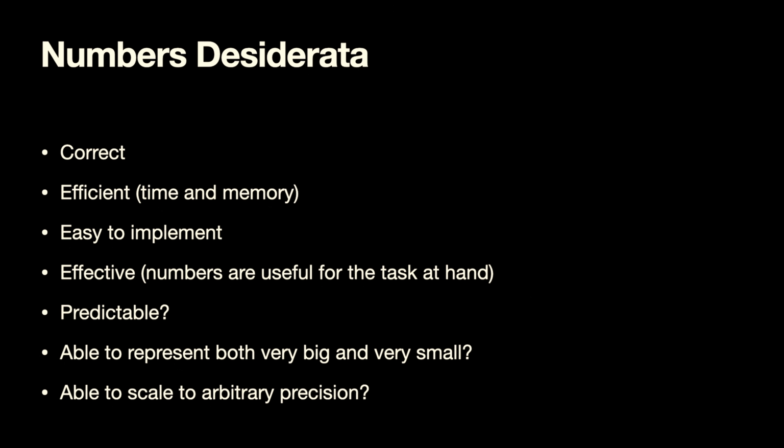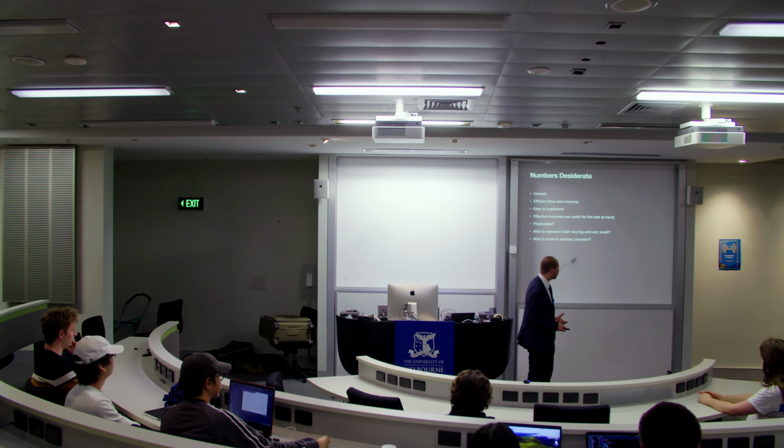We want the way we store the numbers to be efficient, both for doing our operations like addition and subtraction. We want those to actually be good to implement in circuitry. And we want it also to be efficient in terms of memory. We don't want to take up too much memory just to store a single number. We want it to be easy to write code for, both the code that actually stores the numbers in the first place, as well as the code that uses them. Ideally, we'd like them to be predictable in the way that the storage works.